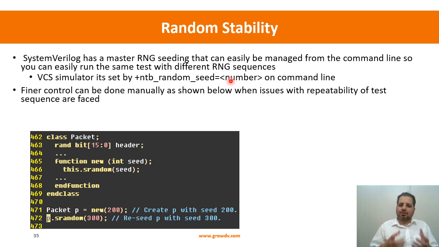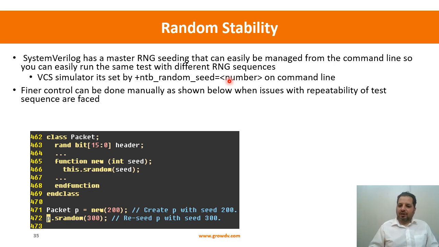So you take a Perl or Python script and generate a bunch of seed numbers from that. Let's say I want to run this test with 20 seeds. It will generate 20 unique seeds and pass them in the command line. It will create 20 command lines, each containing different seed values, and I will run all 20 of them with the same test name but different seed values, and they will produce different behavior.